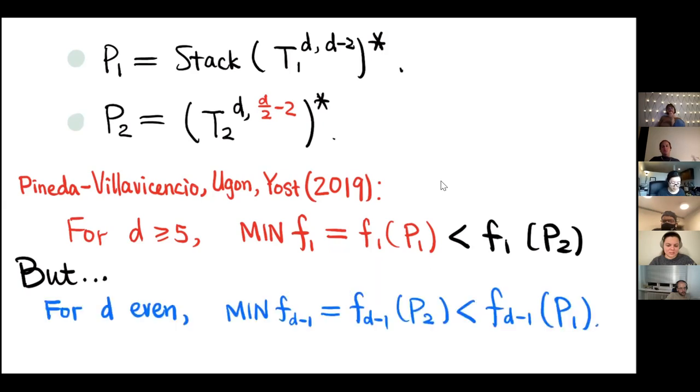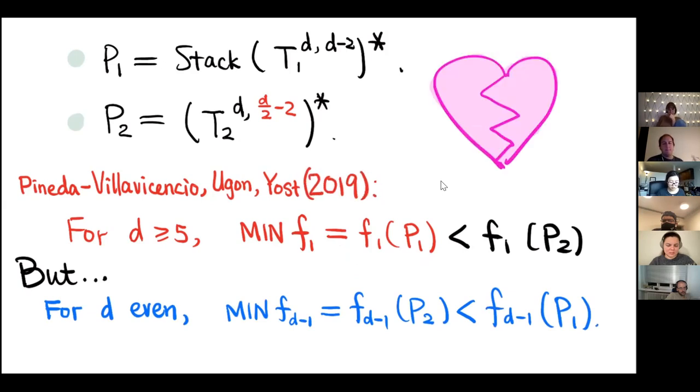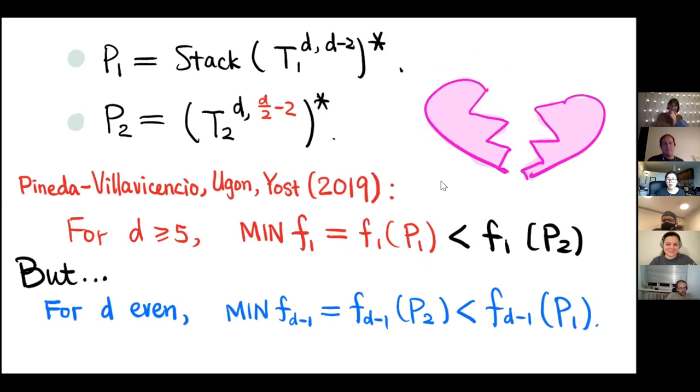But because you stack before taking the dual, it has strictly more facets. So this straightforwardly shows it's impossible in this case to have a component-wise minimal F vector when n equals 2d plus 1.